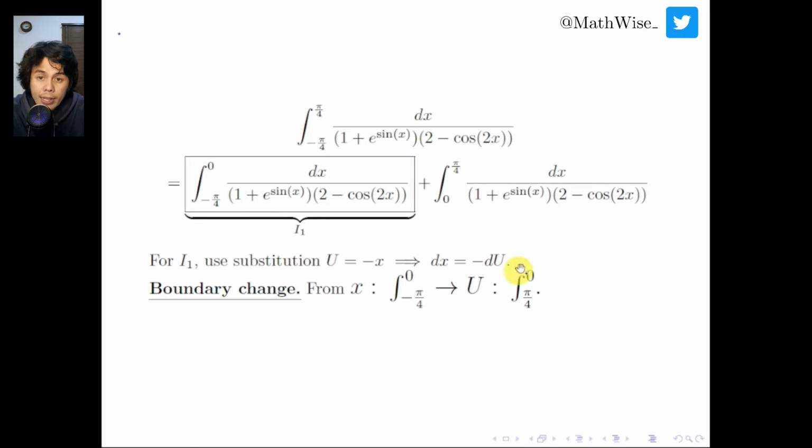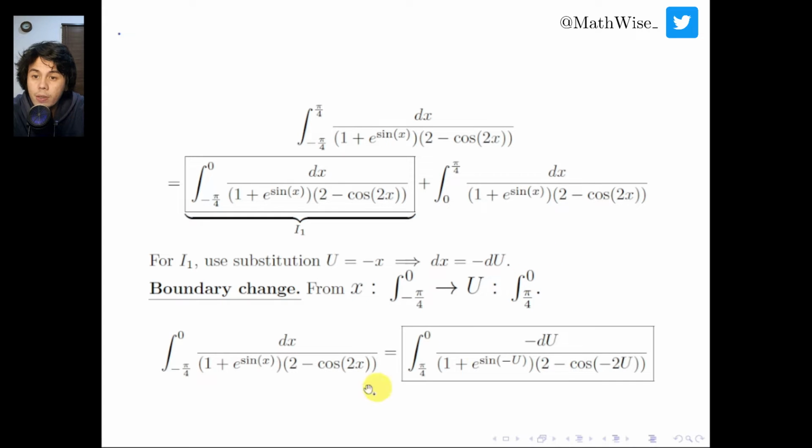Because when x is minus pi over 4, u, which is minus x, will be pi over 4. And when x is 0, the upper boundary, u will also be 0.